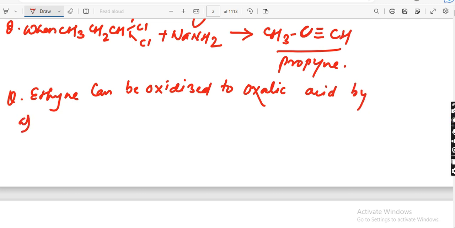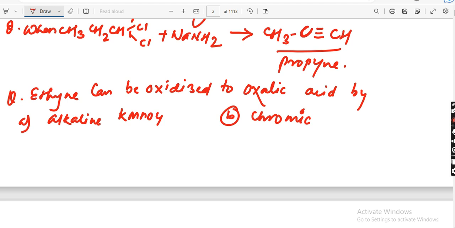First is alkaline KMnO4, a strong oxidizing agent; B chromic acid; C HOCl; or D all. Okay, so it is especially by the alkaline KMnO4, okay. Alkaline KMnO4.